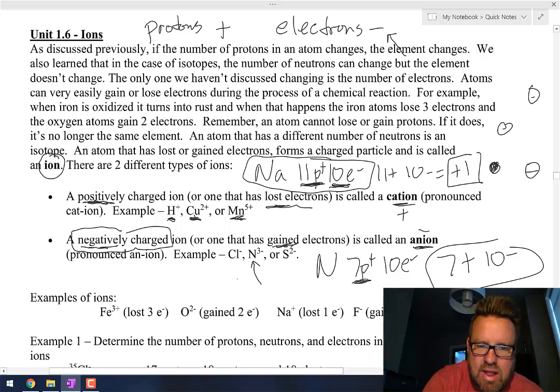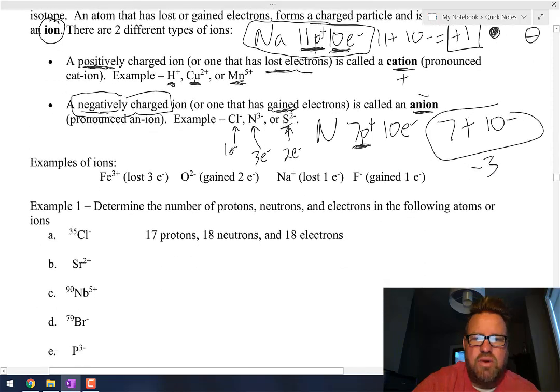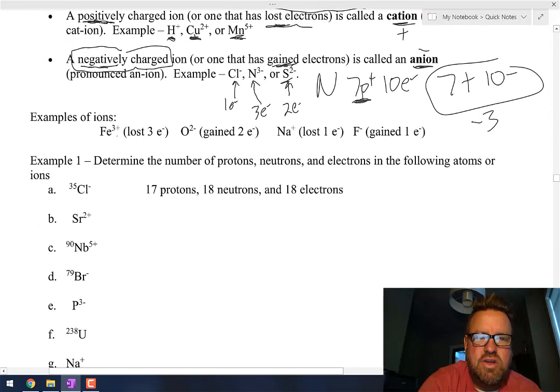Okay, so Cl minus means chlorine has gained 1 electron. Nitrogen, as we already said, gained 3, and here sulfur would be gaining 2 electrons. Okay, so here's some more examples of ions. So here's iron with a +3 charge. That means it's lost 3 electrons.